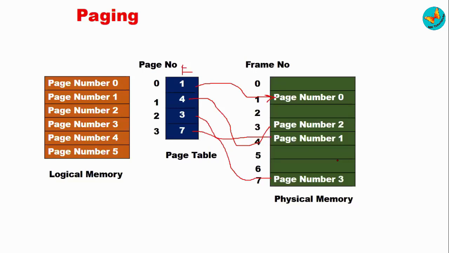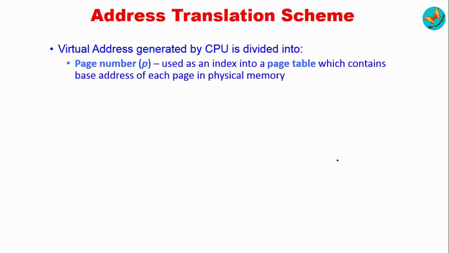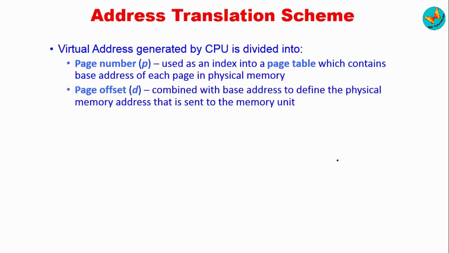Now let us try to understand the address translation scheme. Whatever address is there, that is the virtual address, it is divided into two parts. The first one is the page number and the second is the offset. I have shown you that pages are there, numbering is there, but I have not shown you the offset in that diagram.